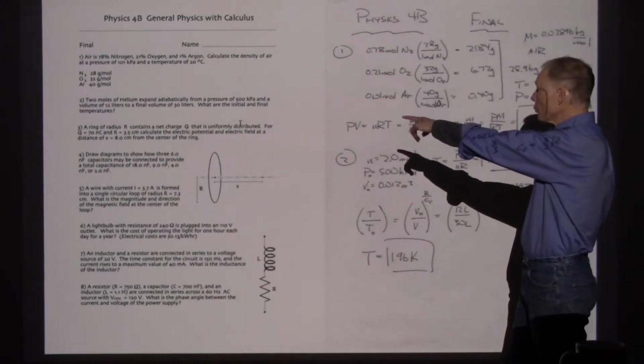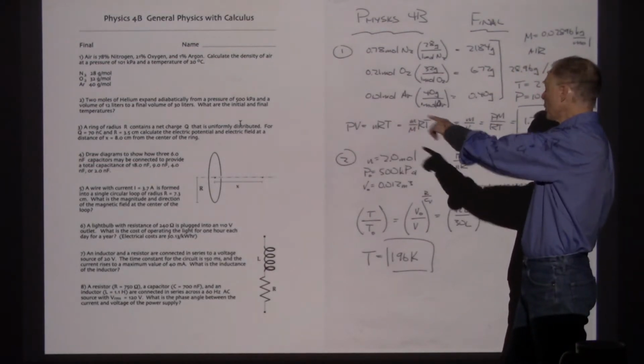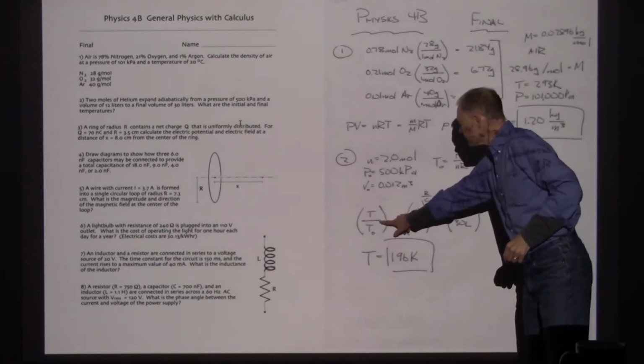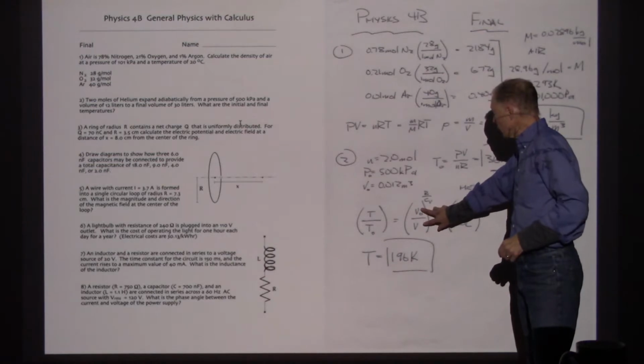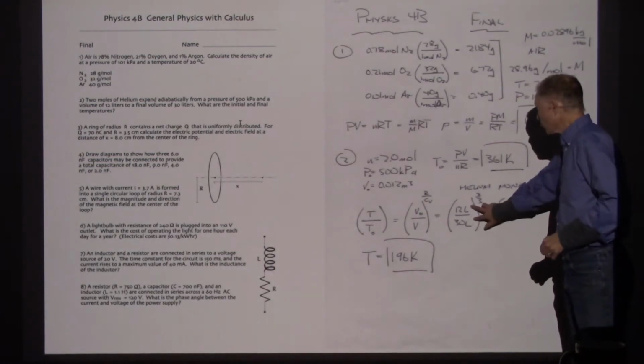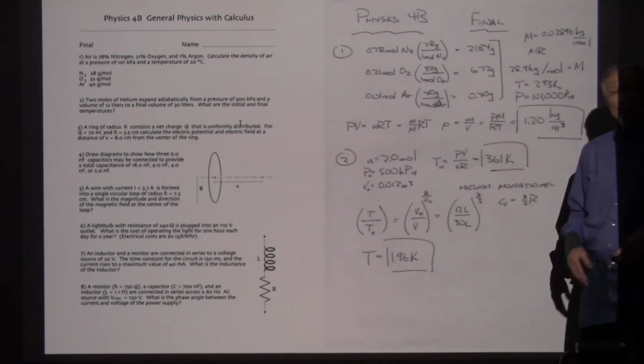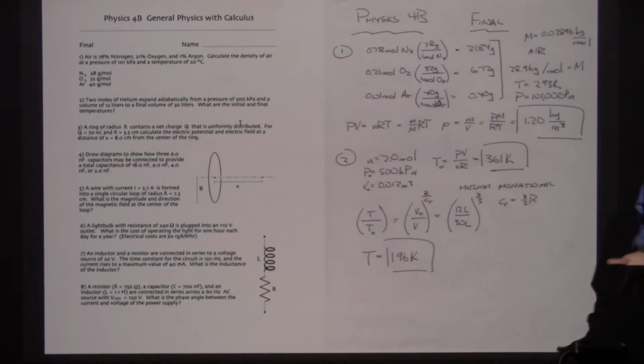We were given both volumes before and after, so I did this in terms of ratios. Now, when I'm working in terms of ratios, the volumes, I can work in terms of liters. I just have to make sure the units match top and bottom on those volumes. As long as the units are matching, the units will cancel out correctly.